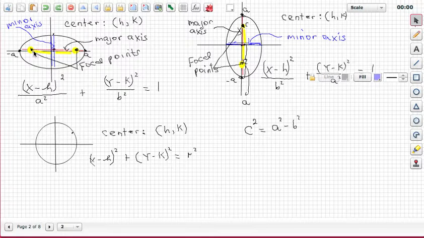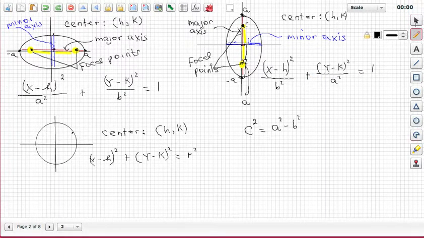In the ellipses, we have two focal points, and we will designate that as c. The relationship between a, c, and this point here, which would be b, is c squared is equal to a squared minus b squared. Remember this. This will come in very handy.